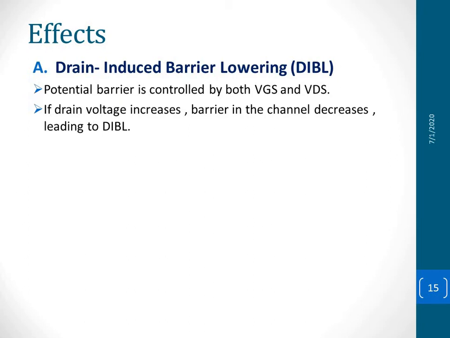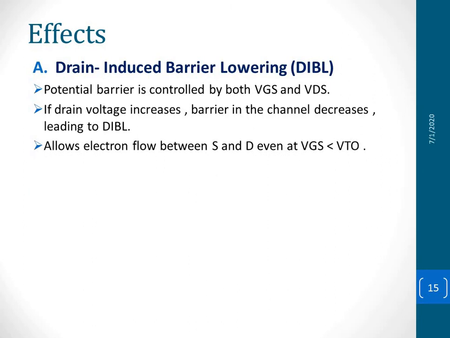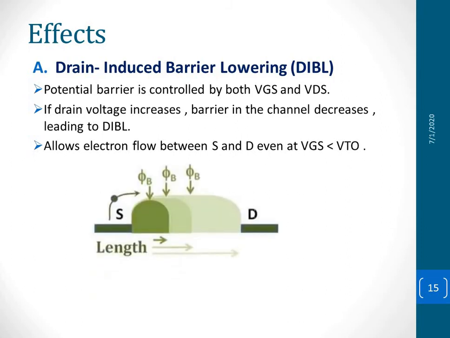So that is called from the drain side. It is not from the source side, it is the drain side. It is induced so that the barrier potential is lowered. So that is the term which is explained here, drain induced barrier lowering. It allows the electron flow between source and drain even at VGS less than VTO, even when the gate source voltage is less than the threshold voltage.